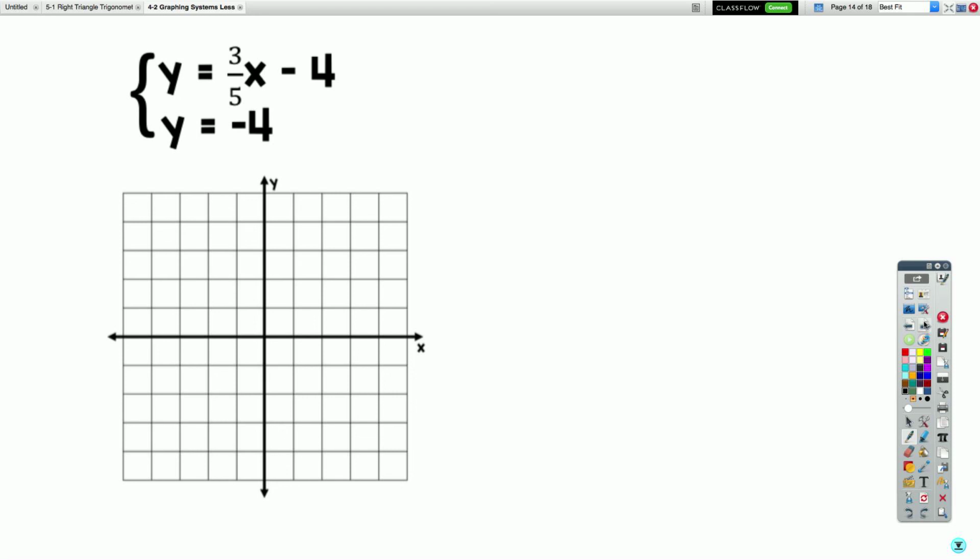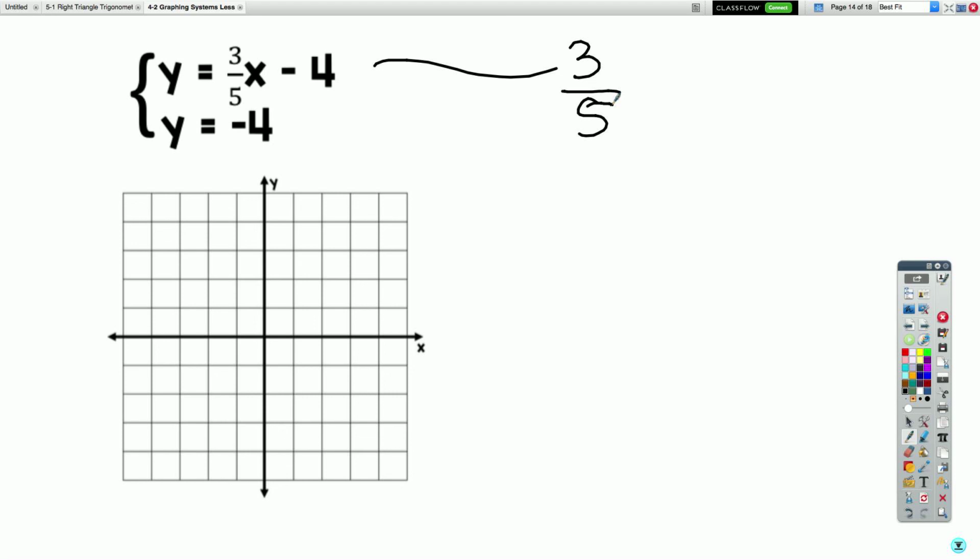All right, this one. How many solutions does it have? The slope for the first one is 3 over 5. The slope for the second one, do you know how to graph that? Is that an x or a y?